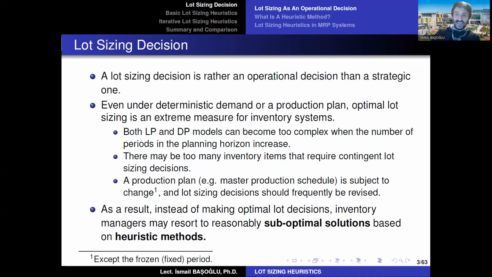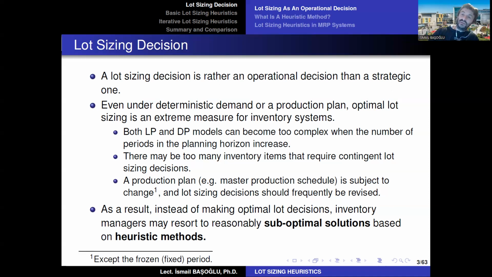Another thing about the load sizing decision as an operational decision is that even if you determine the optimal load sizes for a short-term plan, we know that this short-term plan or model will be using the demands collected from the master production schedule or any other type of production plan.